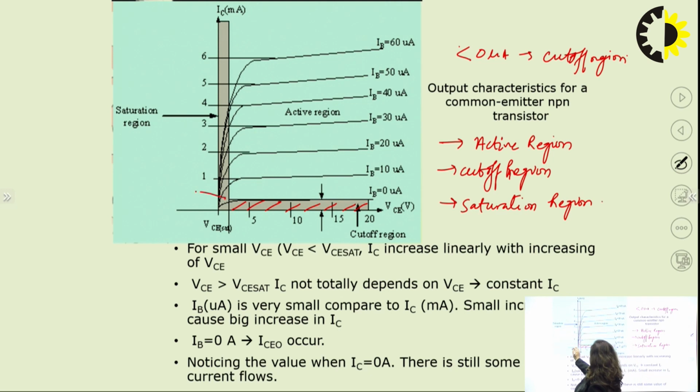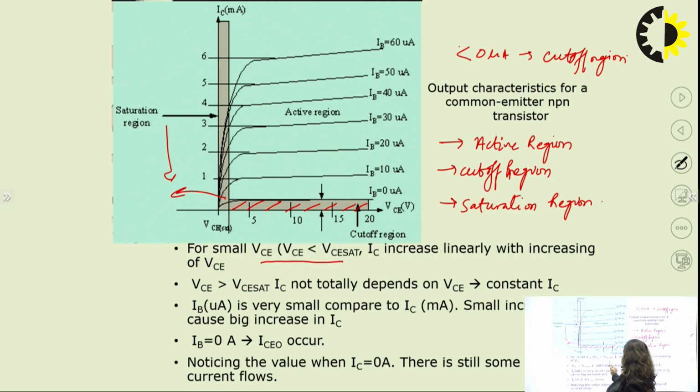So this shaded portion is called the saturation region. Next, we have the active region, from where the current keeps on rising. The current keeps on rising after the knee voltage. That's why the region is called the active region, and that region is basically a linear region.